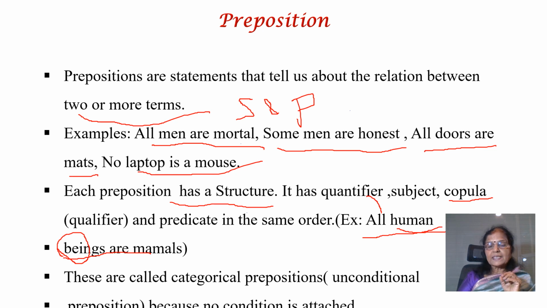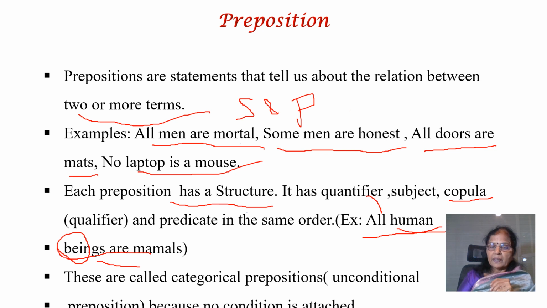That is also another statement, but negative statement. And here, what is the qualifier? Are not. That is the qualifier because it shows the relationship between human beings and mammals. They are not. That is also qualifier. And mammals is the predicate because predicate tells more about the subject, human beings.